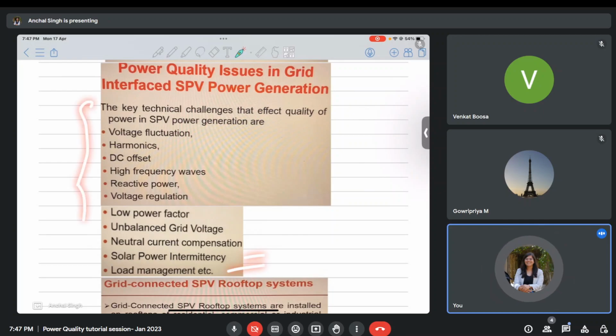There are a lot of problems when we connect solar to the grid. It's not that simple. Everybody just says put solar, but it is never that easy. You have to look at the consequences of doing that.